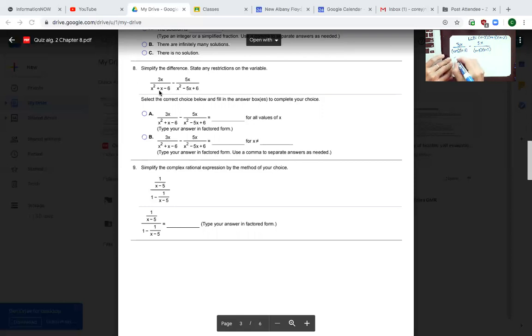So my numerator is going to be 3x times x minus 3 over x plus 3 times x minus 3 times x minus 2. And then minus, so what am I missing over here? I'm just missing the x plus 3 part, so 5x times x plus 3 over all that.